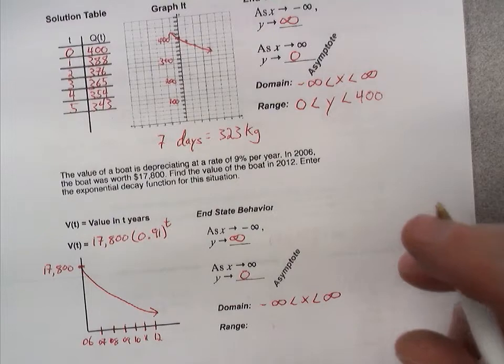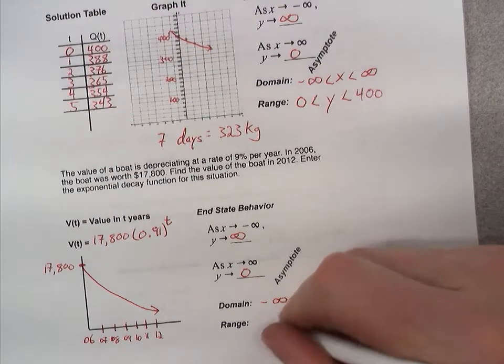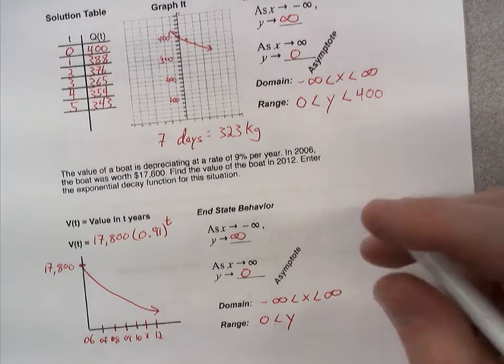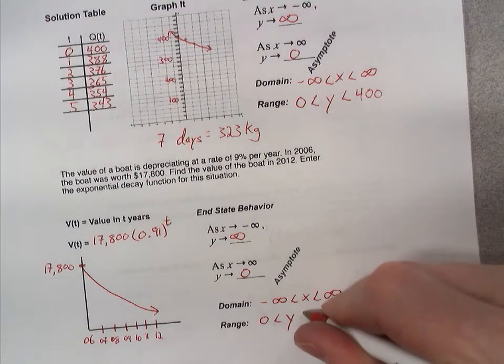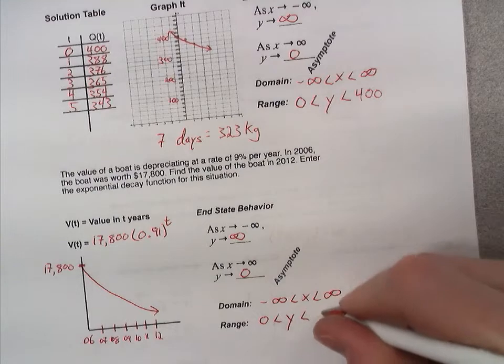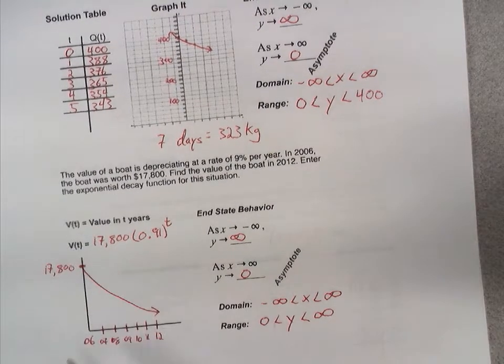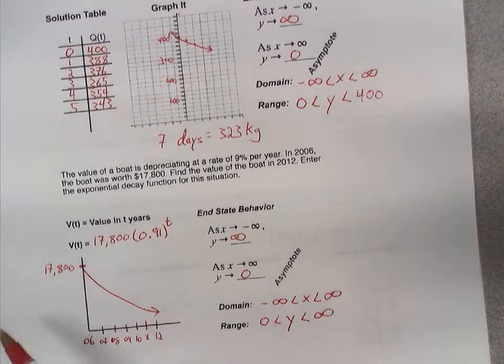And then y is technically right this way. Y is greater than 0. And then I guess we could say that it's less than infinity, because this boat could have existed before the year 2006 and maybe depreciated. We don't know when it appeared, so we just have to go infinitely in that direction.